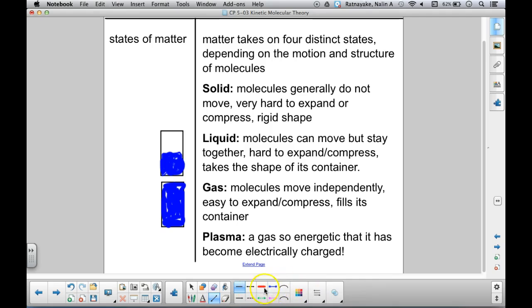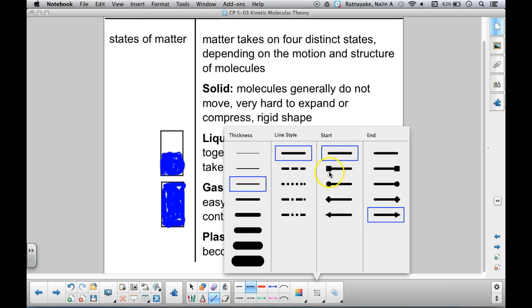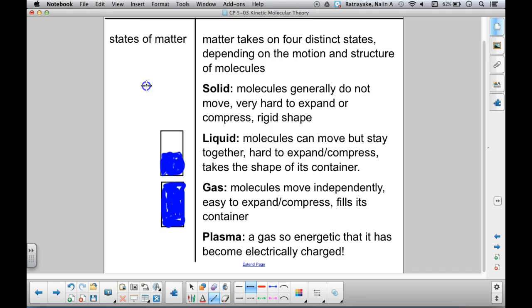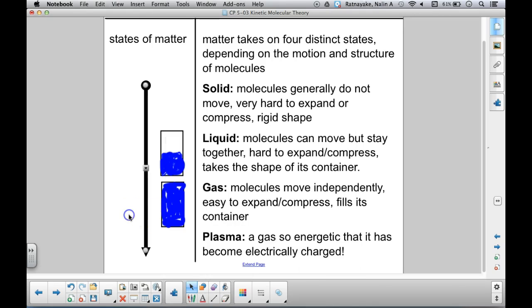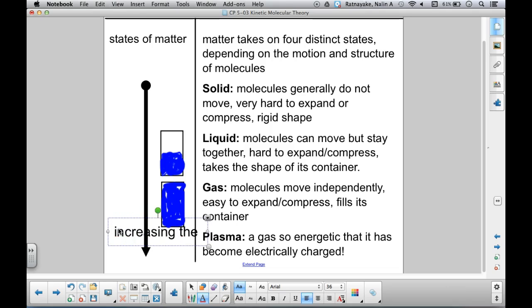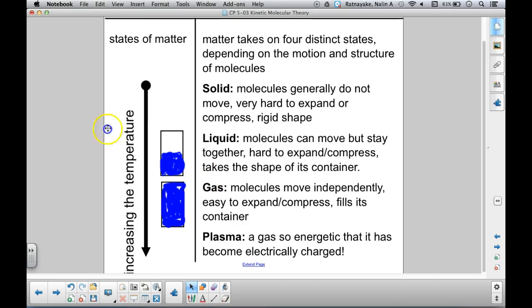And if we look at these four states of matter: solid, liquid, gas, and plasma. Let me give myself a thicker arrow here. As we go from solid to plasma, we are increasing the temperature because we have to increase the amount of molecular motion to go from one to the next.